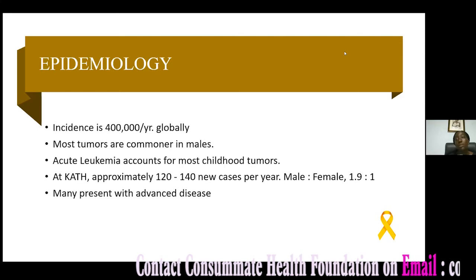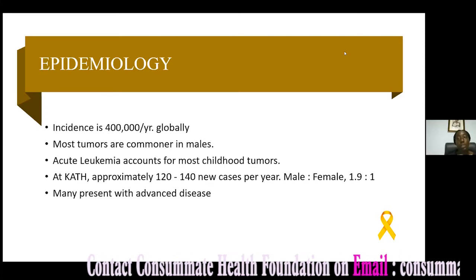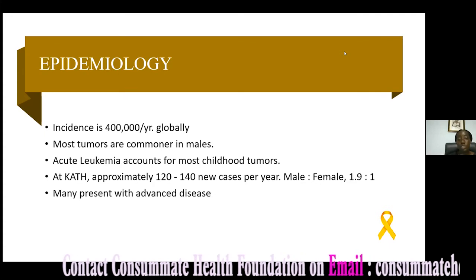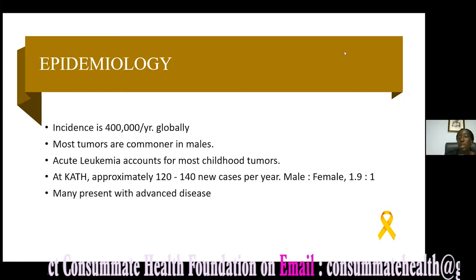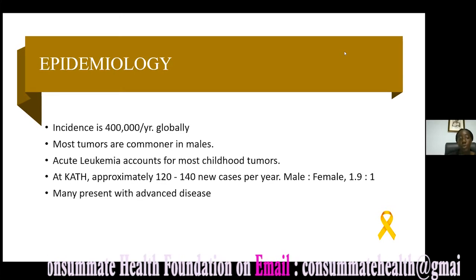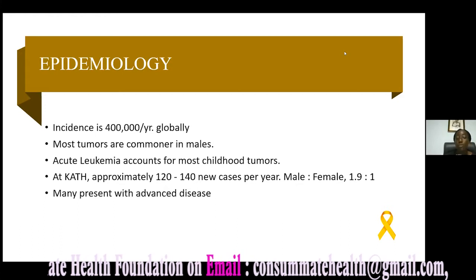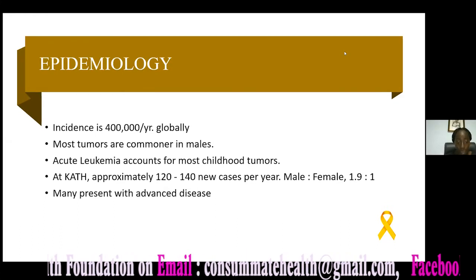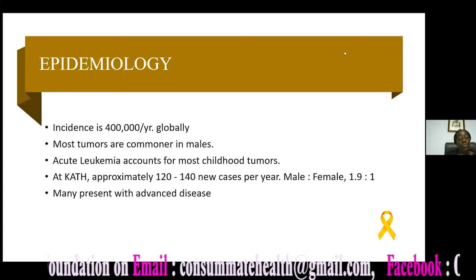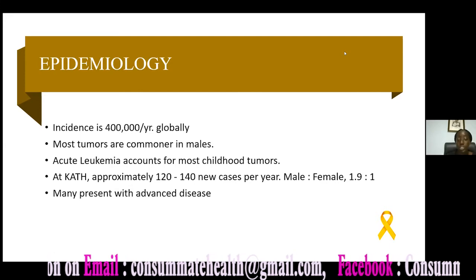The top cancers we find in children are acute leukemias, lymphomas, brain tumors and Wilms tumor, but the commonest is acute leukemia. At Komfo Anokye, which is one of the cancer treatment sites in Ghana, we have new cases of about 120 to 140 each year.